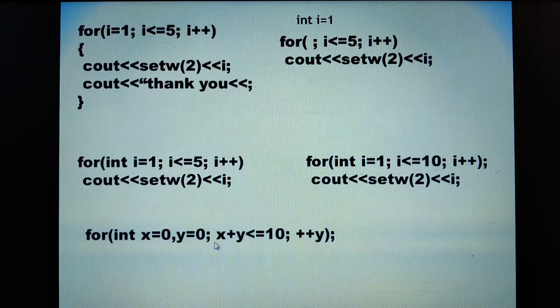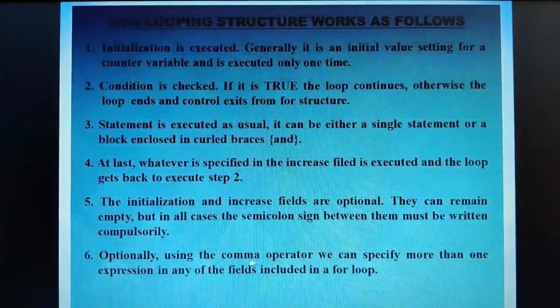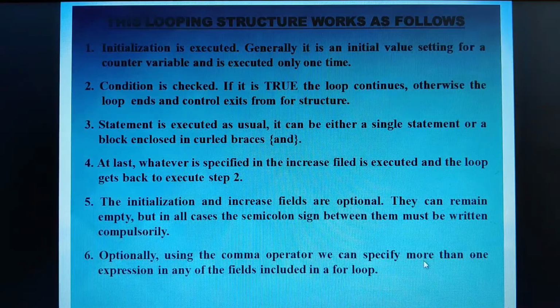Now moving on to the next example, here we can have more than one initialization part. As I was explaining in the last point, using the comma operator we can specify more than one expression in one of the fields included in the for loop.